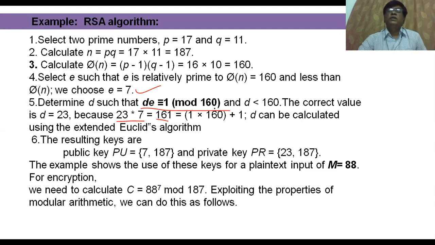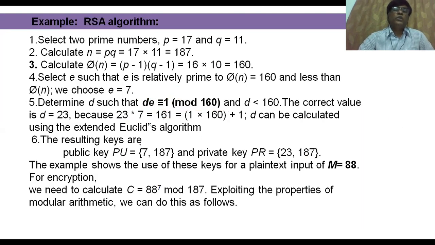The remainder is 1. So with E already 7 and D as 23, 23 into 7 is 161, and 161 modulo 160 gives remainder 1. So the D value is 23 here.